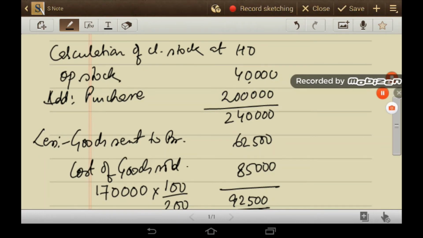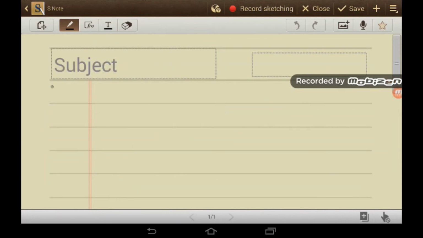This closing stock at head office is at cost price, and the closing stock at branch is at invoice price. So let us calculate the closing stock at branch.